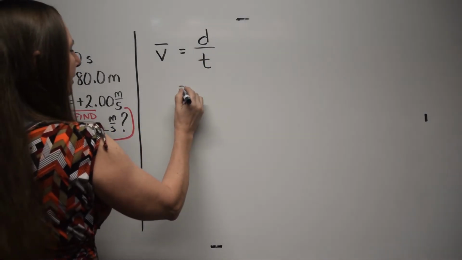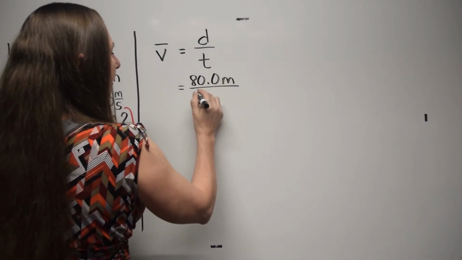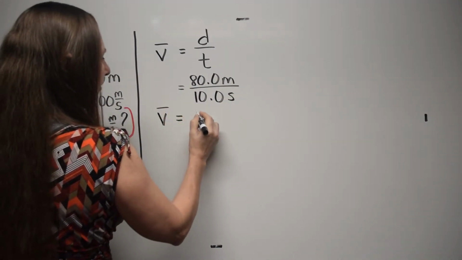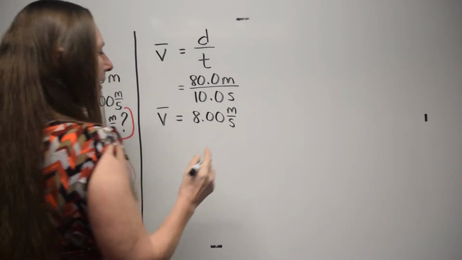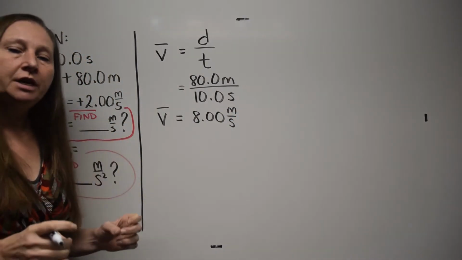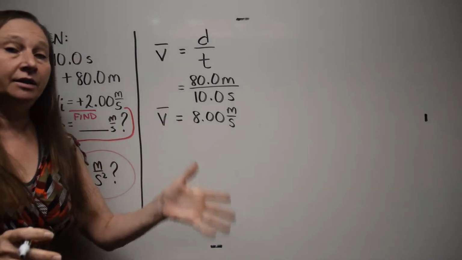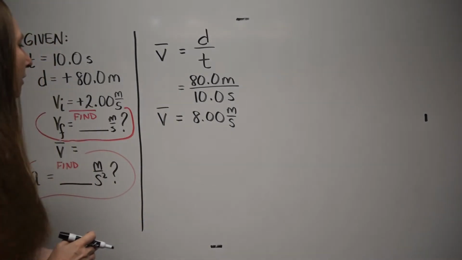So we've got here 80 meters divided by 10 seconds. So your average velocity is 8.00 meters per second. Now, we'll be working with 3 significant figures for this entire video and the next video. Everything will be to 3 significant figures. All right, so here we go.